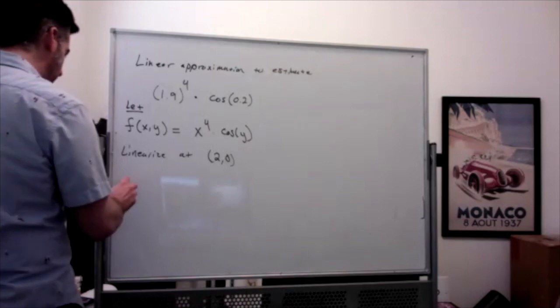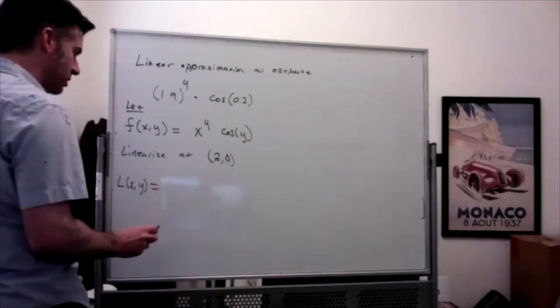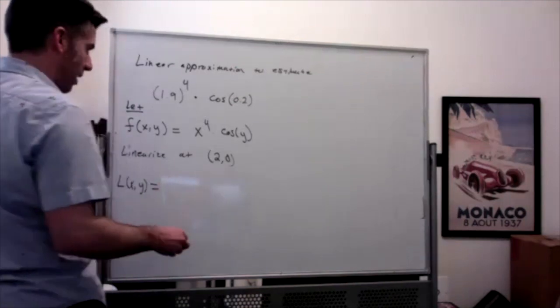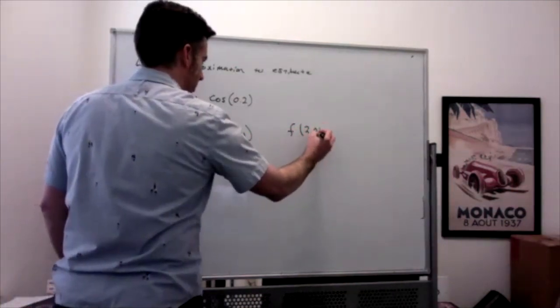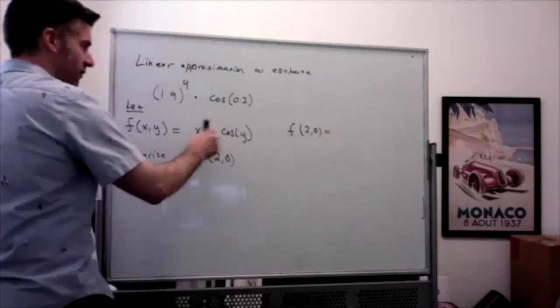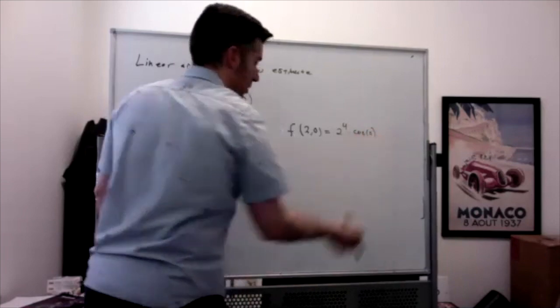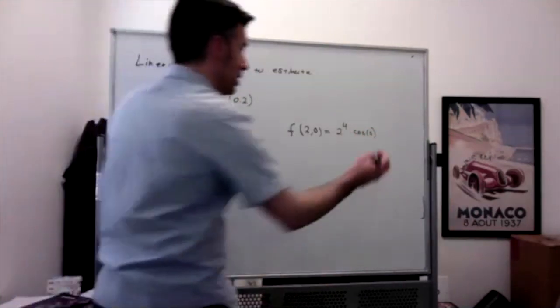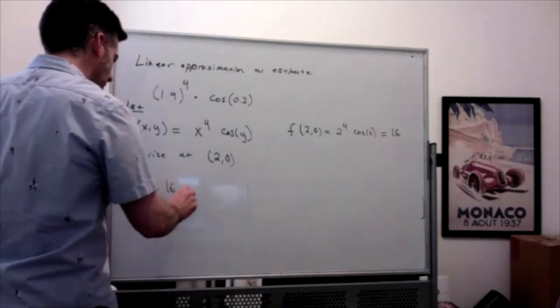So L of x, y equals f of x naught, y naught. f of 2, 0 is going to be 2 to the fourth times cosine of 0. Cosine of 0 is 1, so that's going to be 16 times 1, 16.